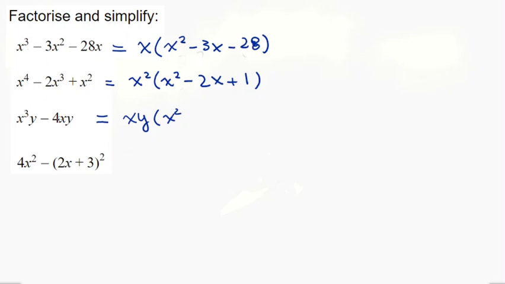And the second term here, if I divide by xy, I'll get negative 4. And then I can factorize further. In this case, it's really clear: we can see there is a difference of squares.